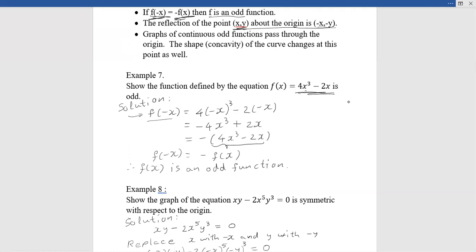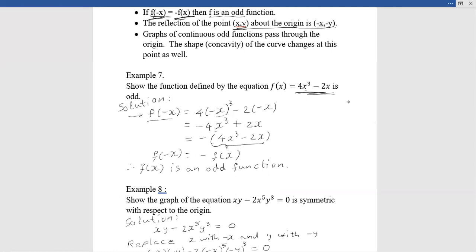So in place of x, I put negative x: 4 times negative x cubed minus 2 times negative x. Negative x cubed is negative, so that is negative 4x cubed. Again, negative 2 times negative x is positive 2x.